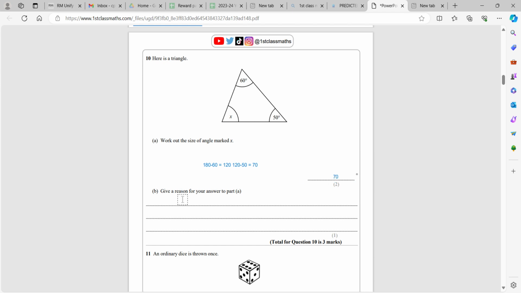The reason for this is all angles in a triangle sum to 180 degrees. Now for this one, if you didn't put 70, but you did put 180 and showed that you're taking these two away from 180, you're going to grab a mark.